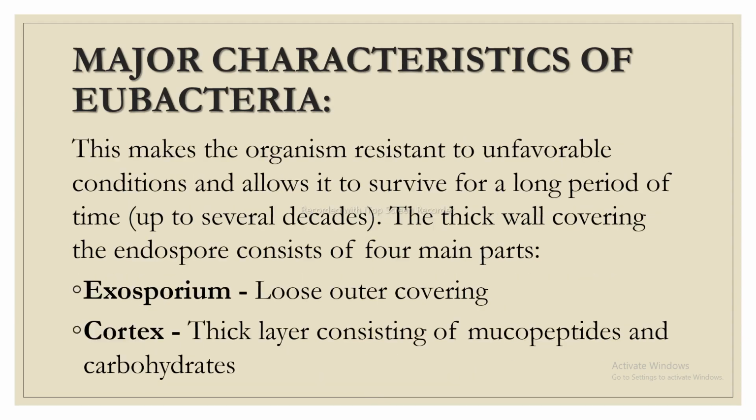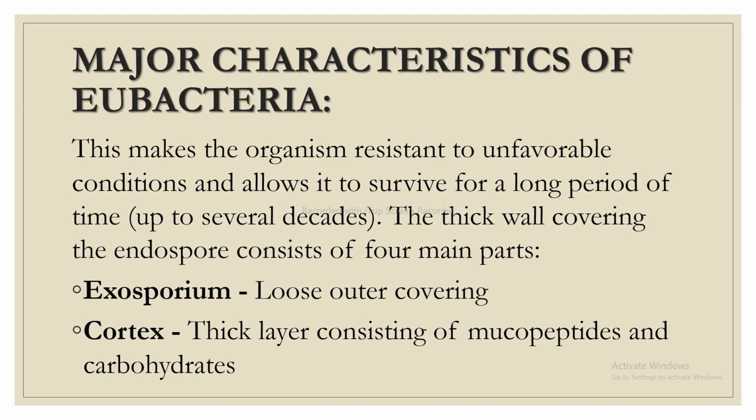This makes the organism resistant to unfavorable conditions and allows it to survive for a long period of time, up to several decades. The thick cell wall covering the endospore consists of four main parts.